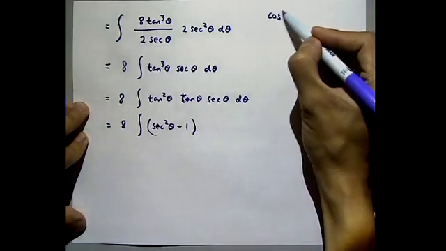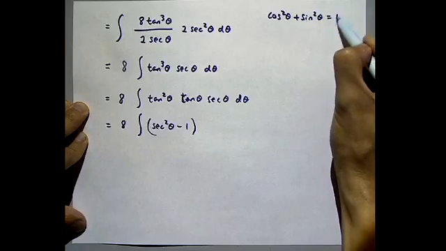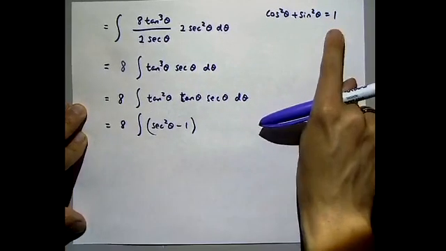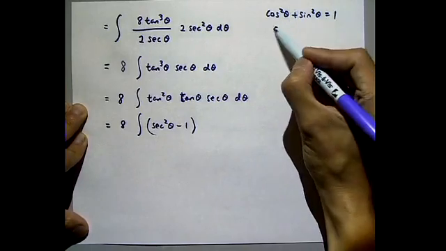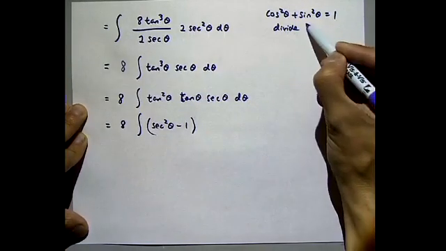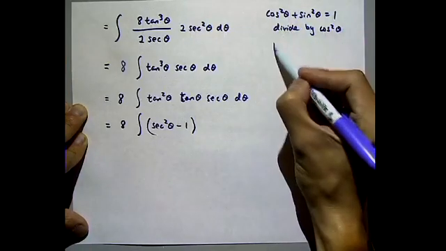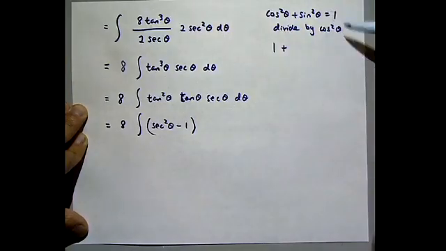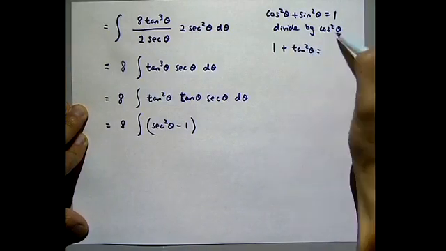Okay, here's an easy way to remember. We know that sine squared plus cosine squared equals 1. That's simply something you know. Divide through by cosine squared. So we get 1 plus sine squared over cosine squared, which is what? Tangent squared. What's 1 over cosine squared?